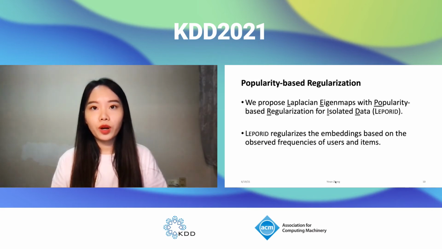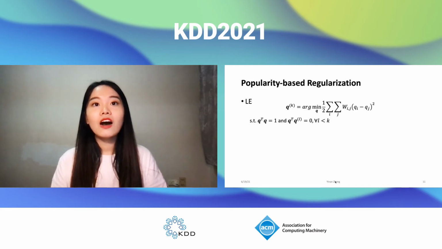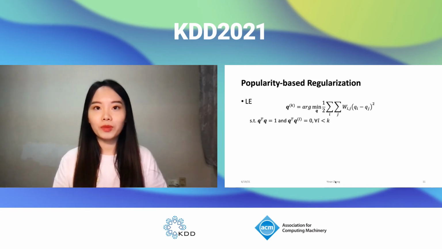To address the problem, we propose Laplacian eigenmaps with a popularity-based regularization for isolated data, or LAPRID. The method regularizes the embeddings for users and items with short interaction histories, serving as variance reduction for the estimated embeddings. Laplacian eigenmaps can be understood as solving a sequence of minimization problems.